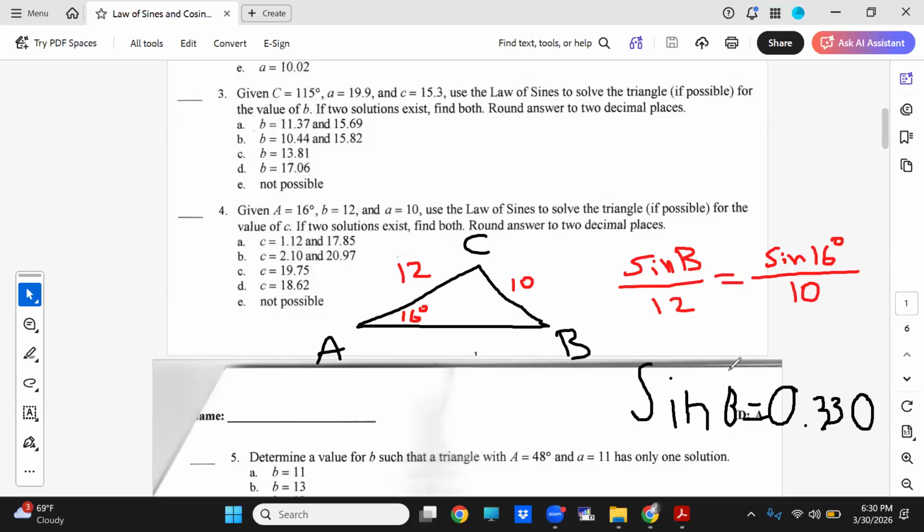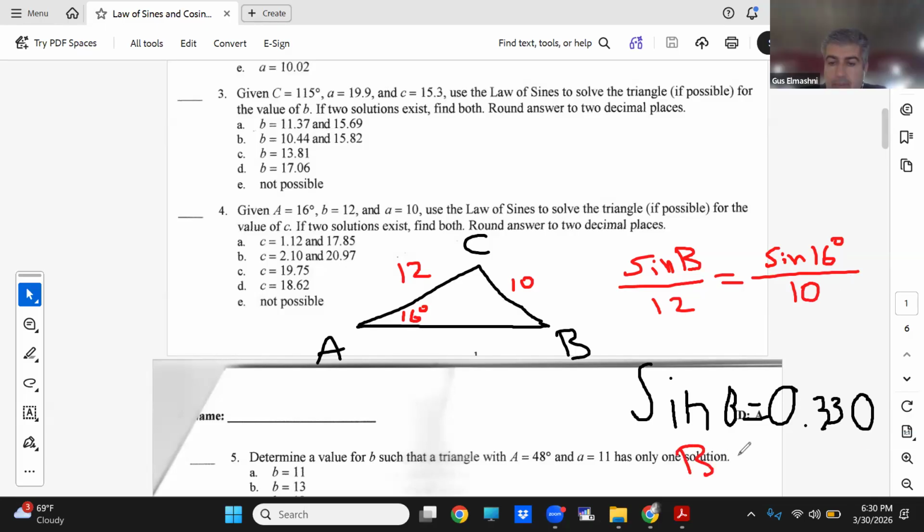And then go do the inverse sine of that. 0.330. I got 19.268.